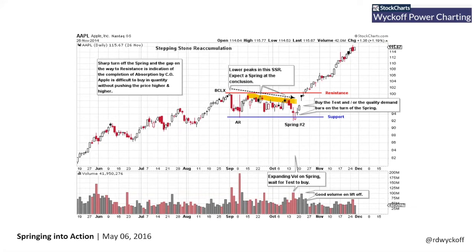So you noticed in the upward gradient that there tended to be higher highs and higher lows in the range-bound condition before the uptrend began. Well, when you get lower highs and lower lows, as you see here in Apple, we brace ourselves for the likelihood that we're going to get a spring, some kind of a spring of the key lows, and you can see the automatic reaction low is being undercut by the spring, and then a test, and then look what happens.